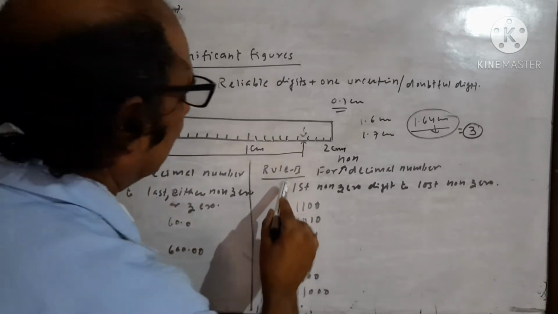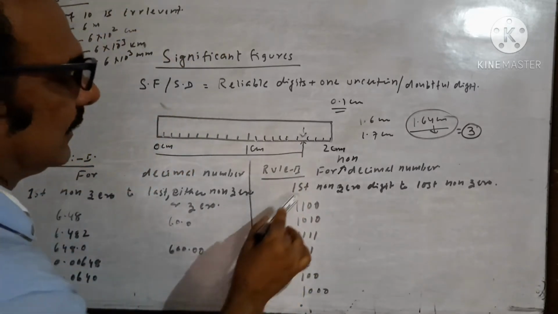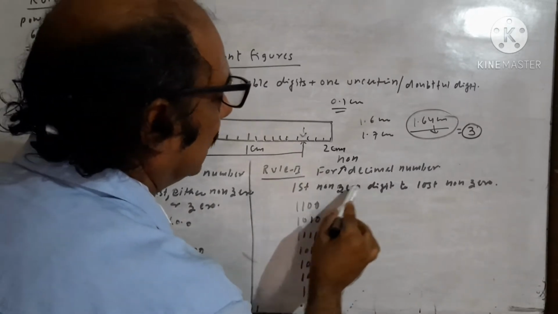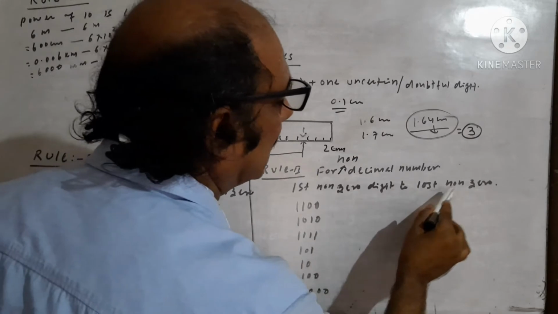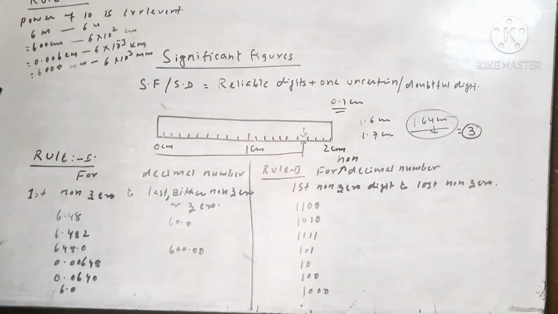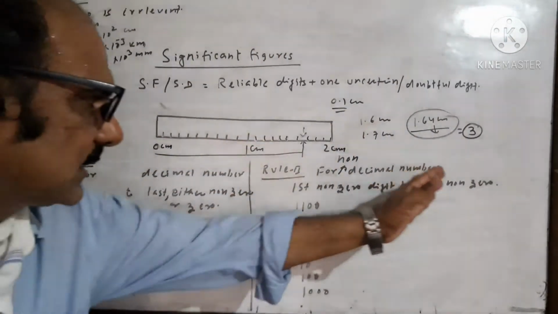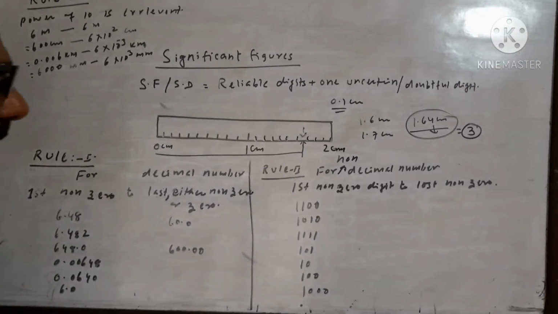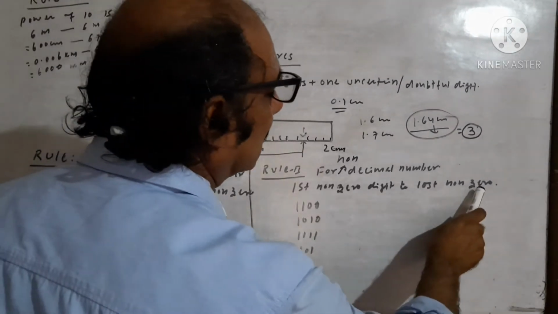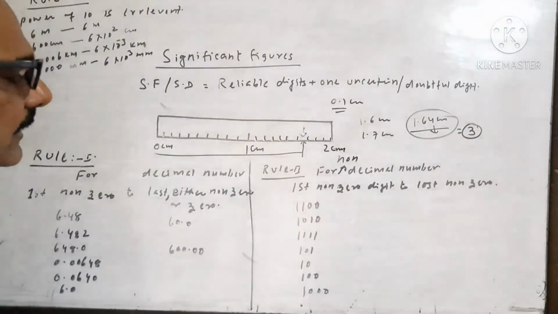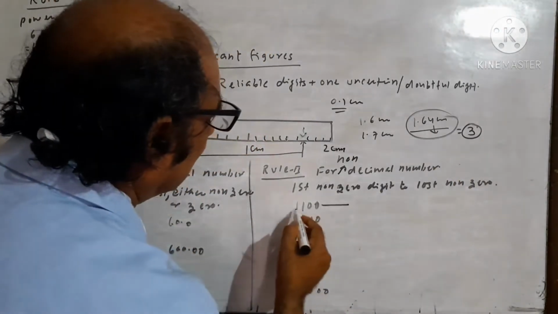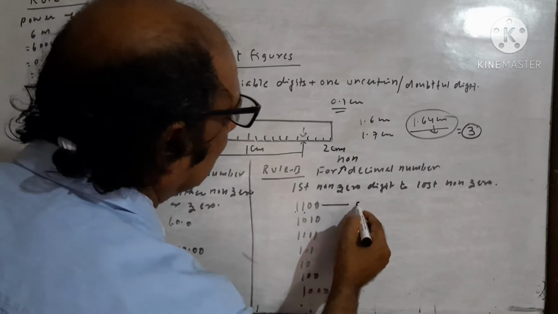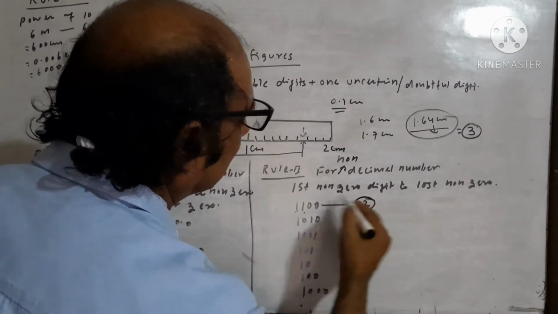Here, rule second: first non-zero digit to last non-zero digit. First non-zero to last non-zero. So for example, taking the first and last, there are only 2 significant digits.